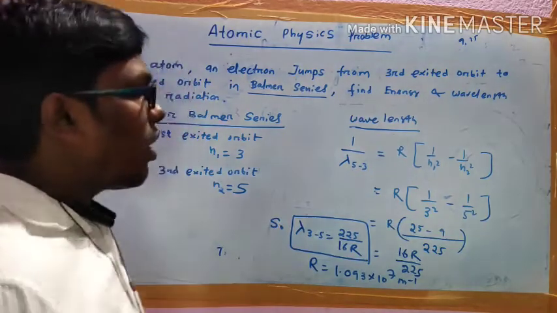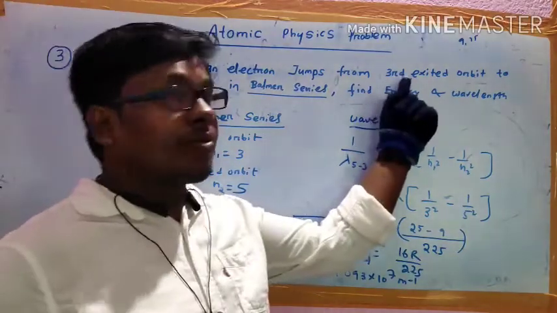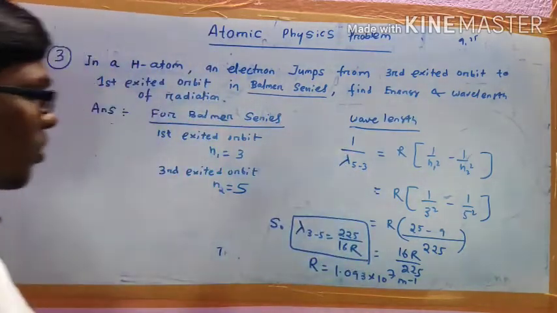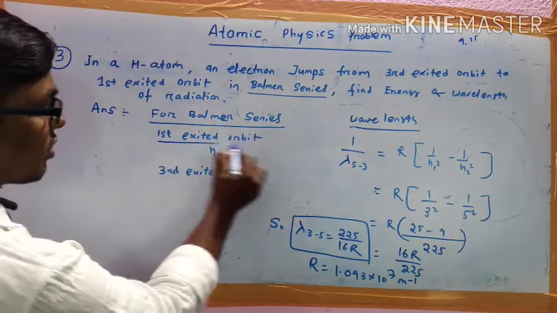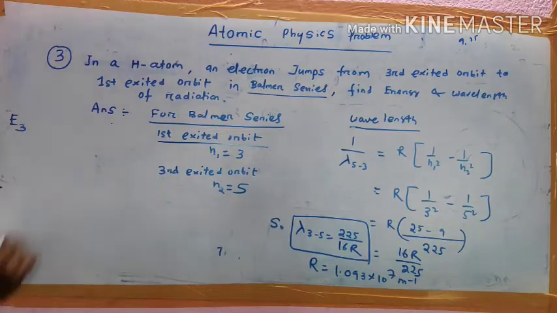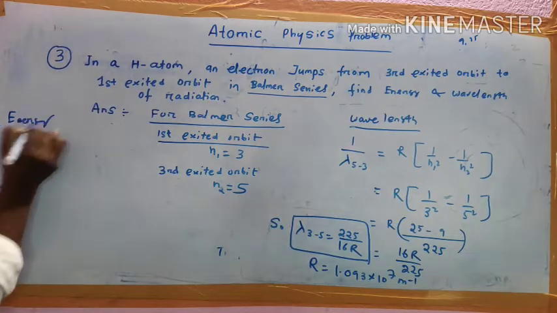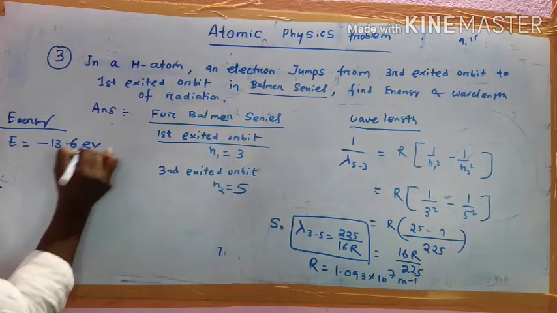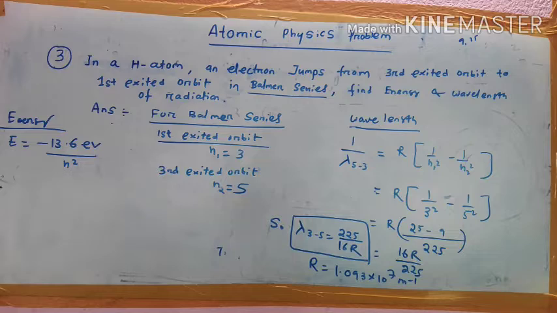Okay, now it's time for energy. Energy radiated when electron jumps from third excited orbit to first excited orbit. Okay, energy. First, let's take the first excited orbit. E3 is equal to, we know the formula, energy E is equal to minus 13.6 electron volt by n square.